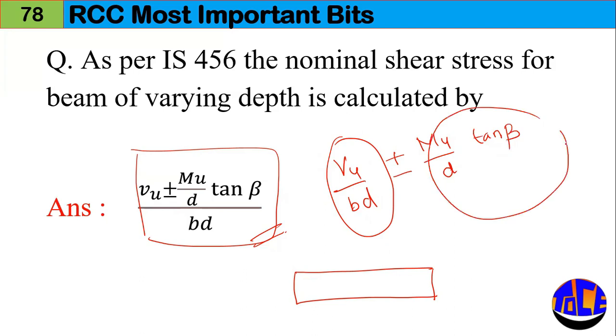So like this also you can remember this equation. But you need to divide this with BD. Just for remembering, I have split this, but you have to divide the entire equation with BD.